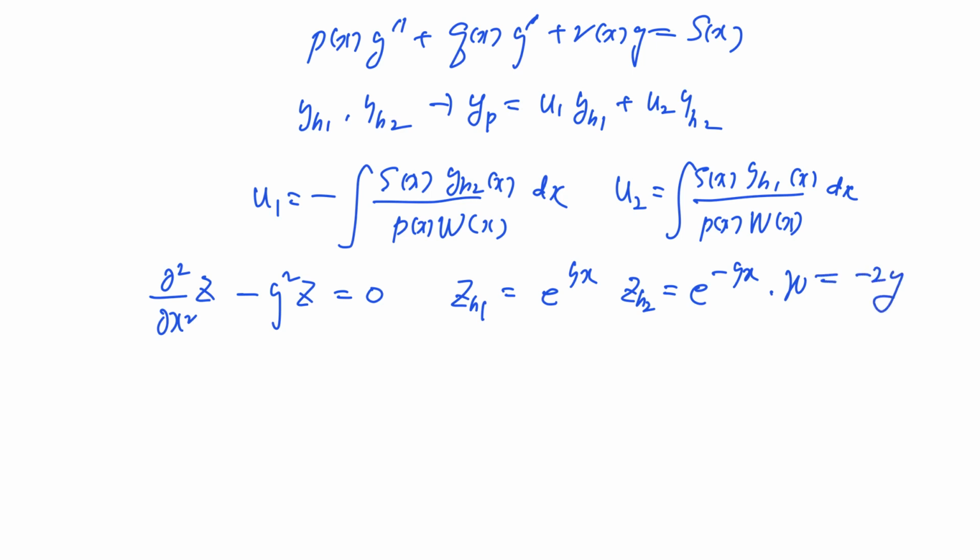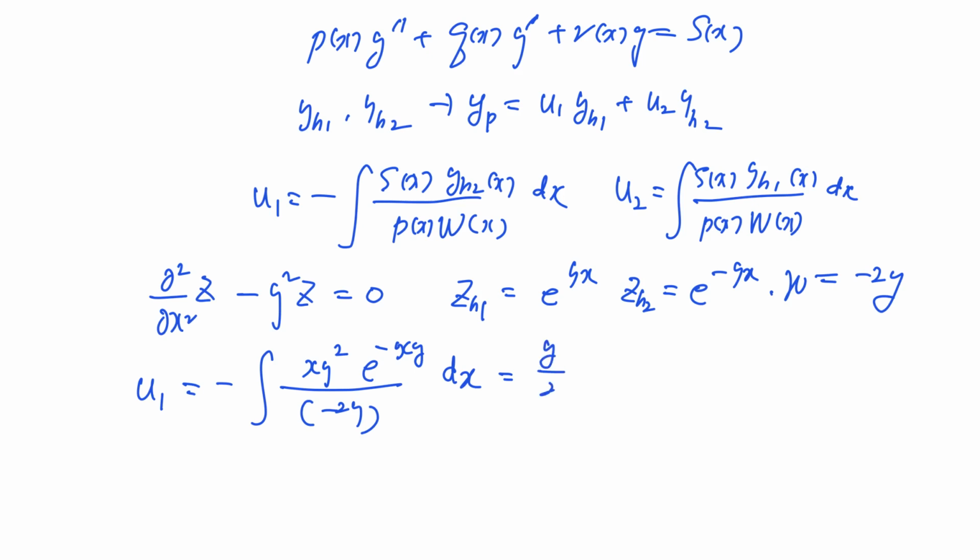So u1 is minus over minus 2y, and s(x) was x squared, times y squared exponential minus xy dx, right? So 2 over y, x exponential minus xy dx.